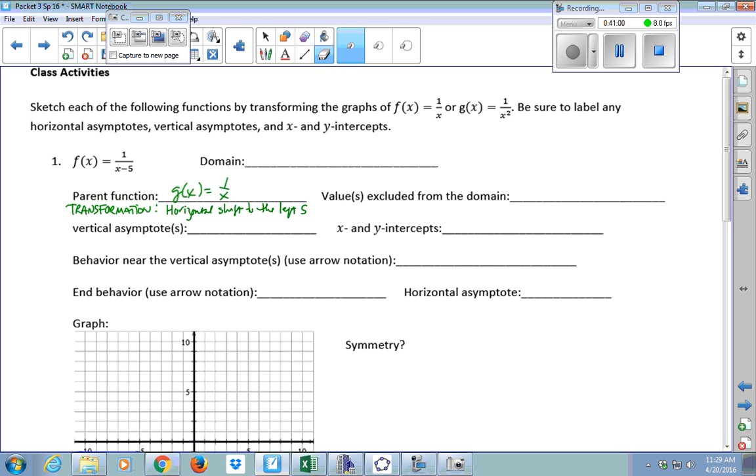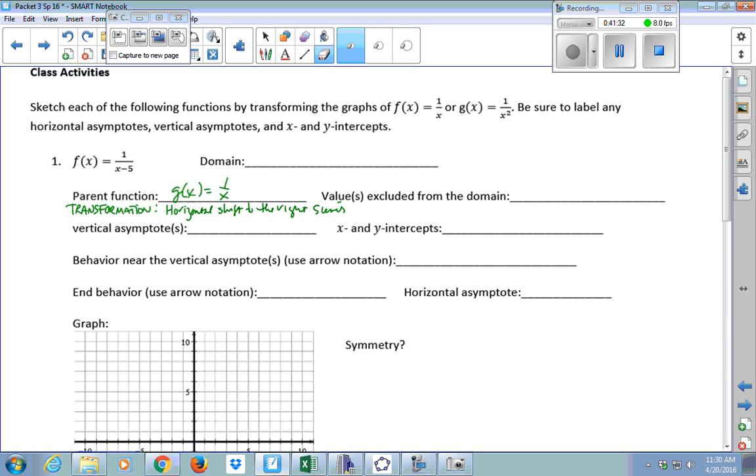So this goes back to Nick's question earlier. Did I say to the left? Nobody even said anything. What is it? To the right. So all that's going to happen is your entire reciprocal function is just going to move to the right 5 spaces.